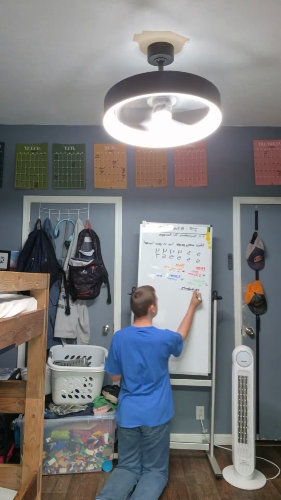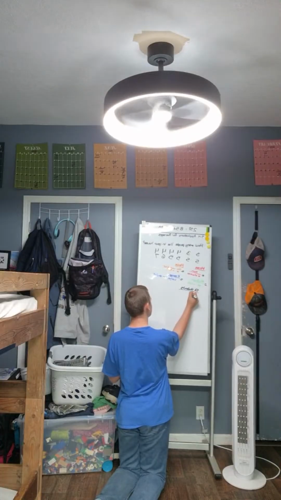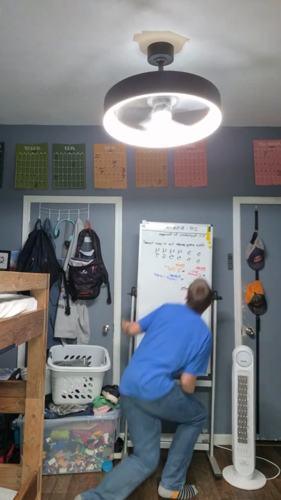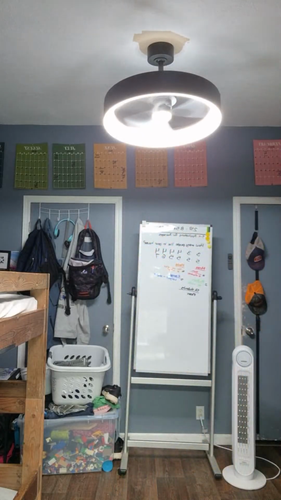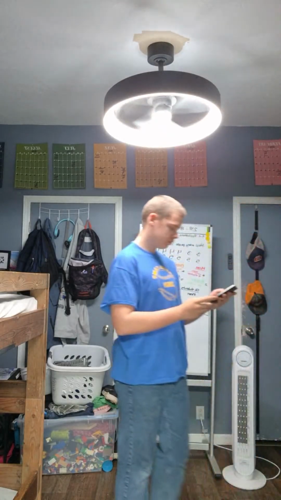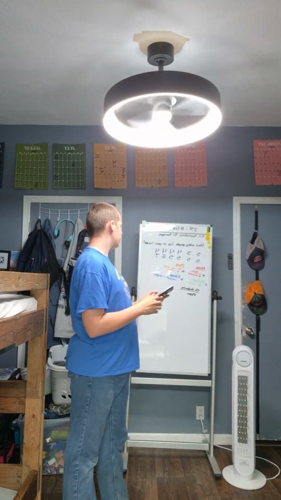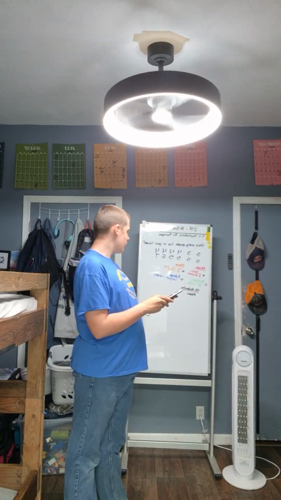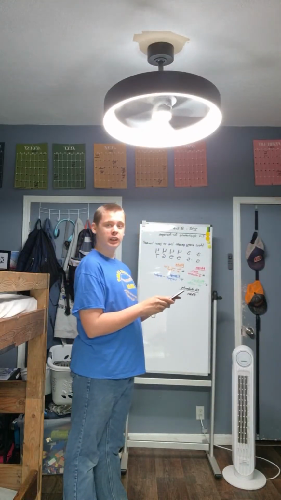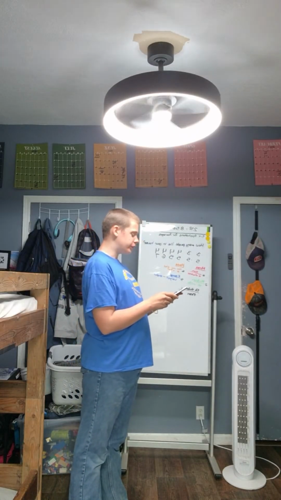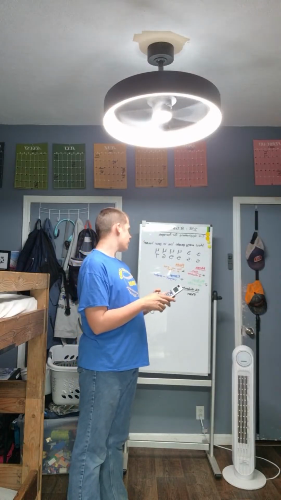So, the mean is all of those numbers divided by 12. So, okay, it's 3 plus 3 plus 4 plus 4 plus 4 plus 4 plus 5 plus 5 plus 5 plus 6 plus 7. We get 55.